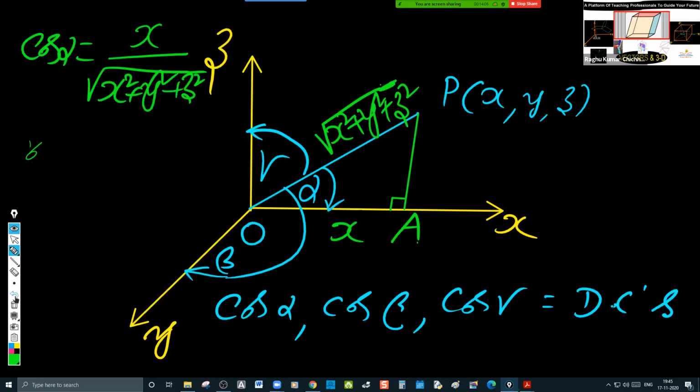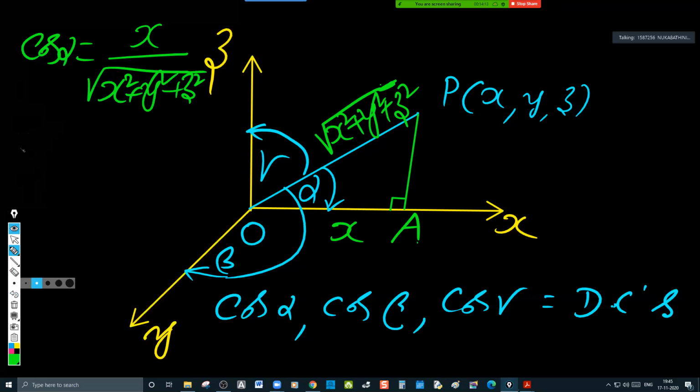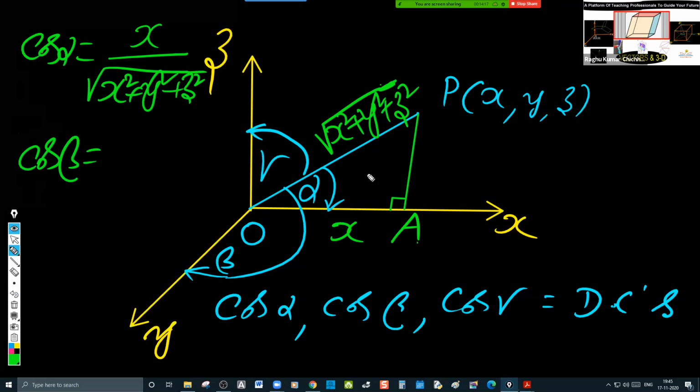Similarly, can you tell me what is cos beta? Adjacent by hypotenuse, sir. What is cos beta in this case? Cos beta means it is the angle made by OP with the y-axis. Similarly, we drop another perpendicular, of course in three-dimensional form.